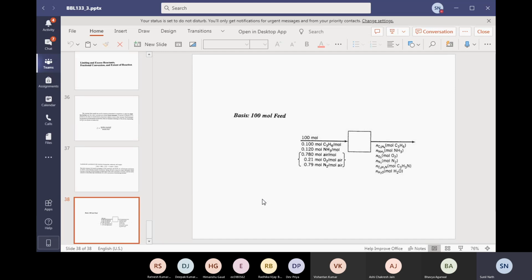All of those we can complete tomorrow, and then we are ready to take up mass balance problems with multiple chemical reactions, including recycle. That is what we want to do by end of October. We want to reach there.